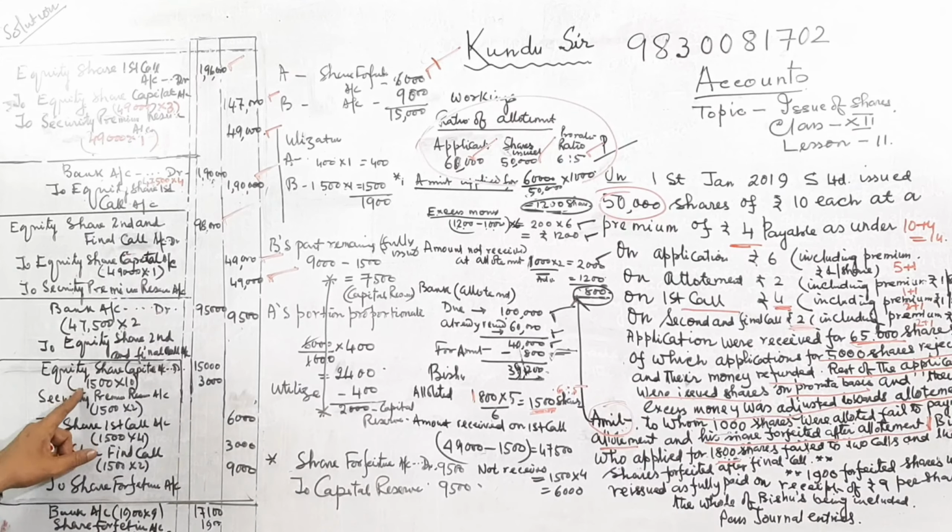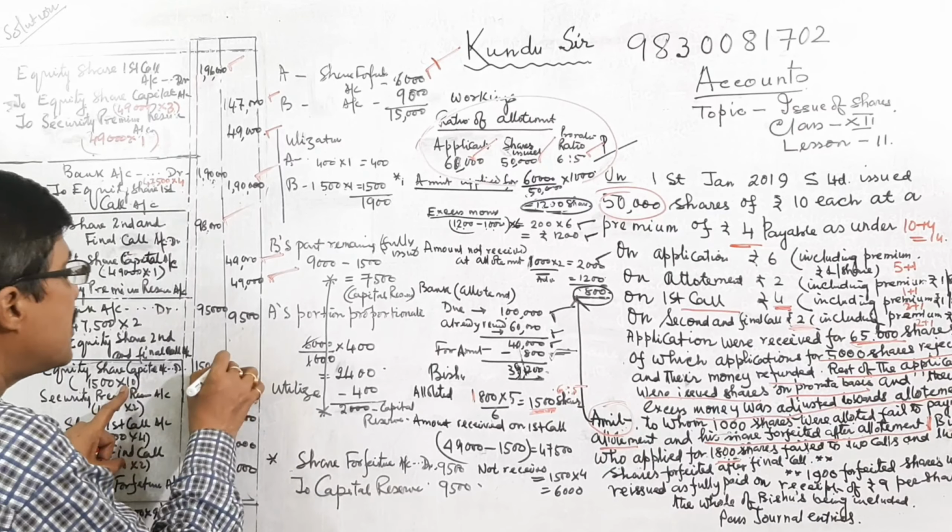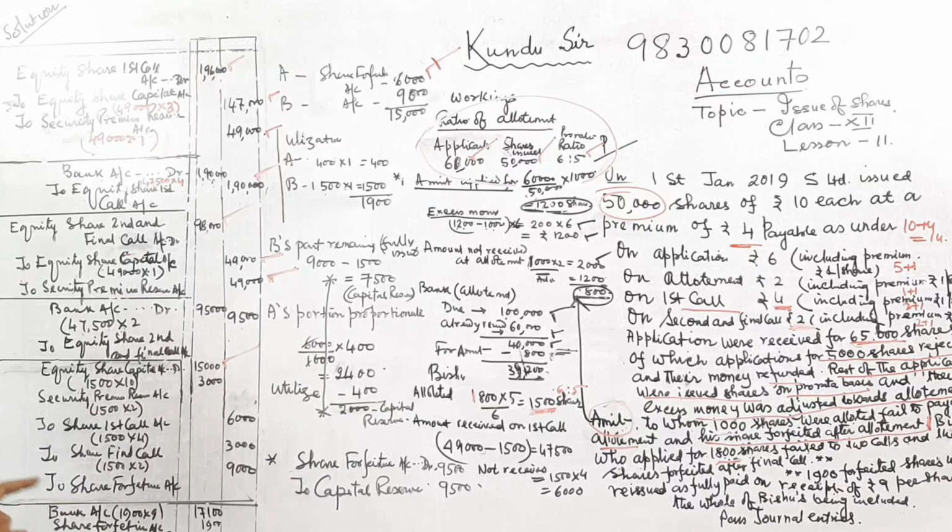That is 1,500 into 10, then 15,000 is to be reversed. And in the first and final call, there is a premium of 1 rupee and 1 rupee, both times, and Vishnu is a defaulter.